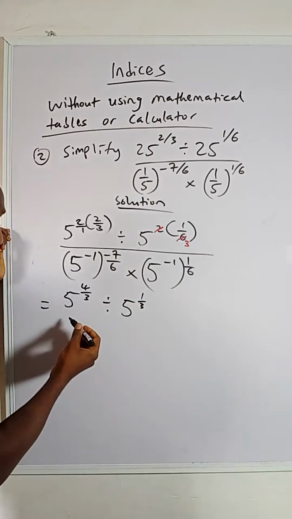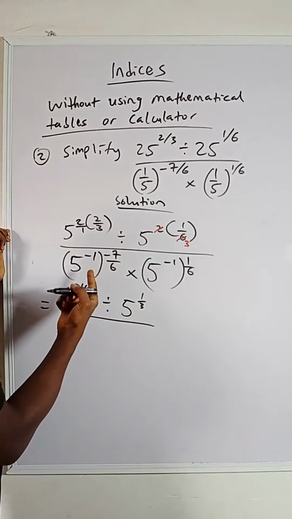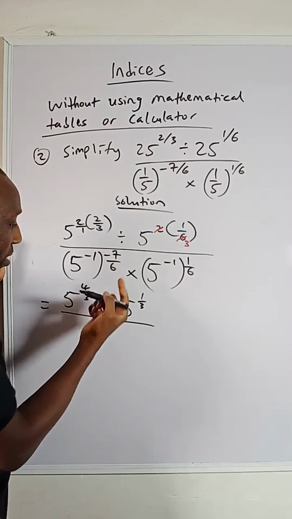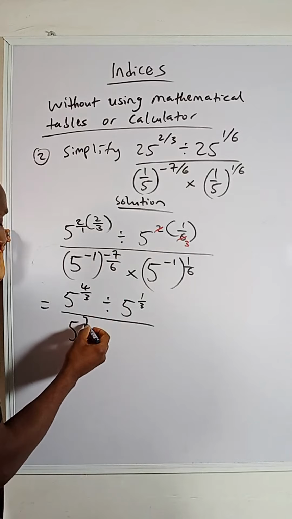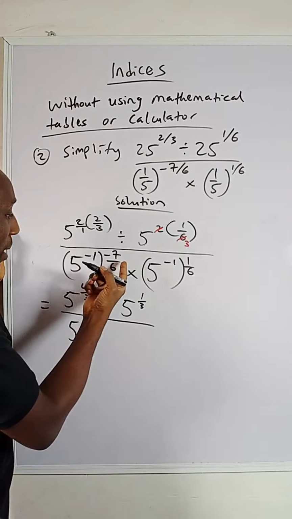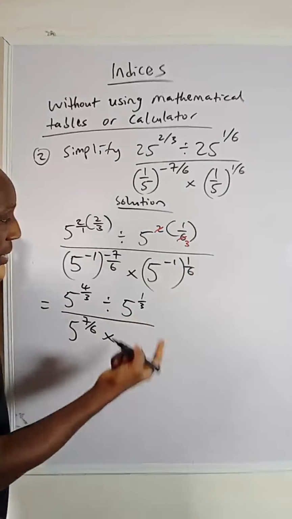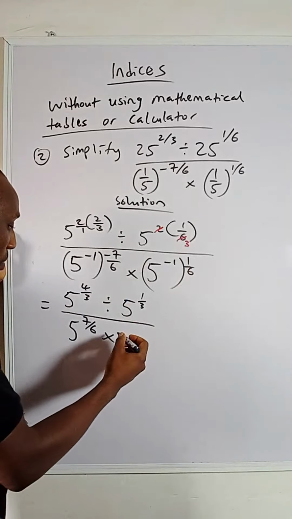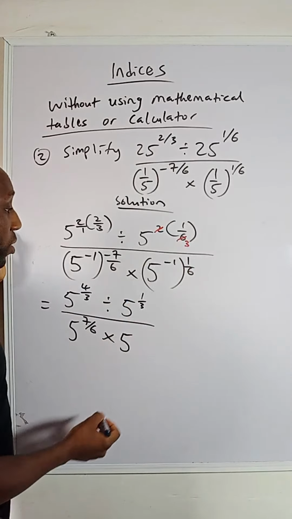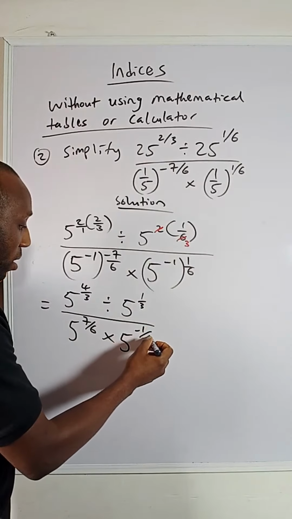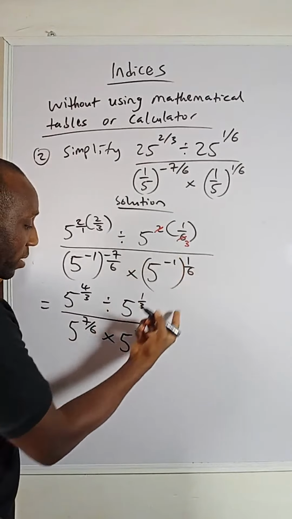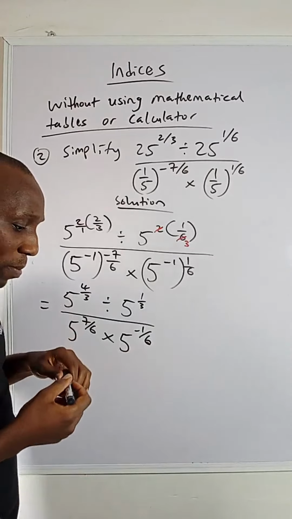All right, then all over: -1 times -7/6 is 7/6, because minus times minus is plus. So times 5 raised to the power of -1/6, because -1 times 1/6 is -1/6. I hope this makes sense.